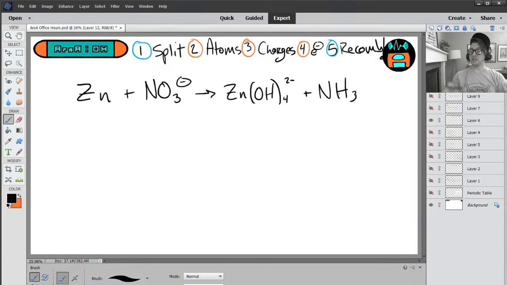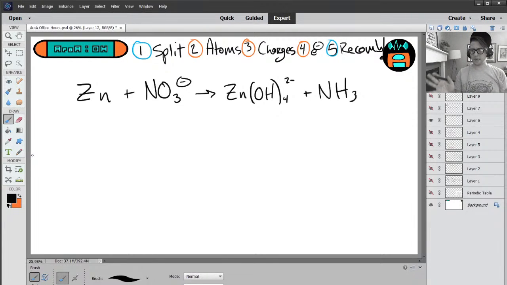And what we'll do with this one is we'll just do the balancing, just to make sure that we have enough time to actually complete it, because assigning oxidation states and determining reducing agent and oxidizing agent is a little more straightforward. But we want to be sure to get the balancing in under basic conditions because that's probably the hardest thing that can be on this test. So let's go ahead and take a look.